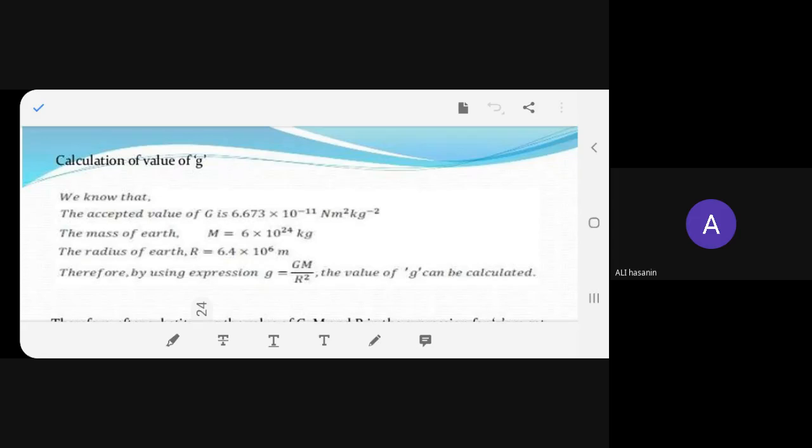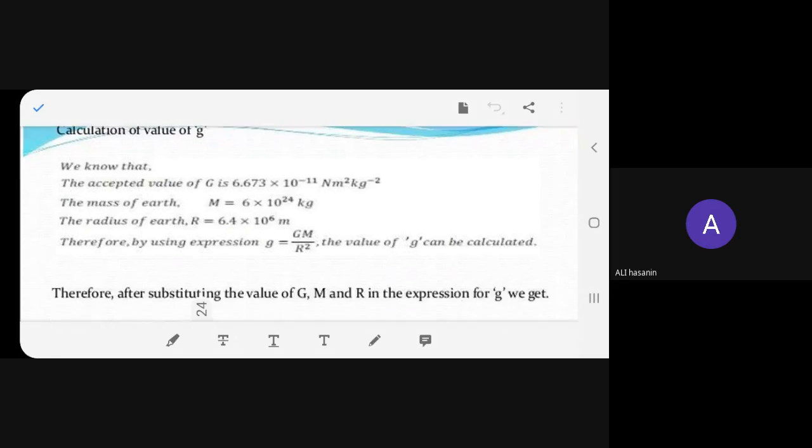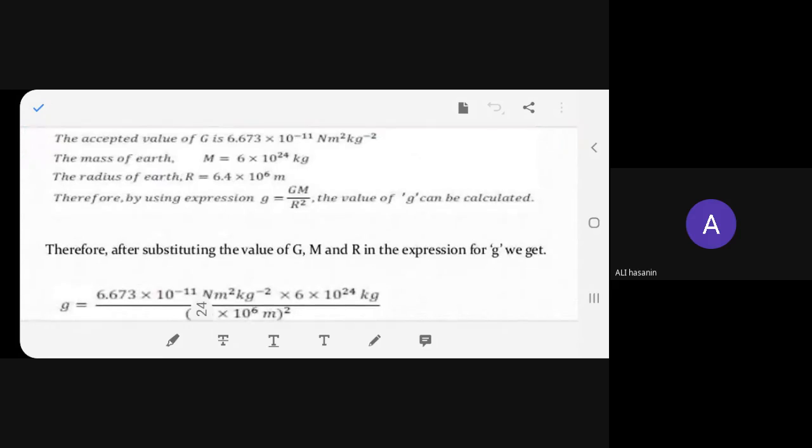We have capital G, capital M, and the radius. So when we know all three, we can find small g. Therefore, by using the expression g is equal to capital G M divided by radius square, the value of g can be calculated.